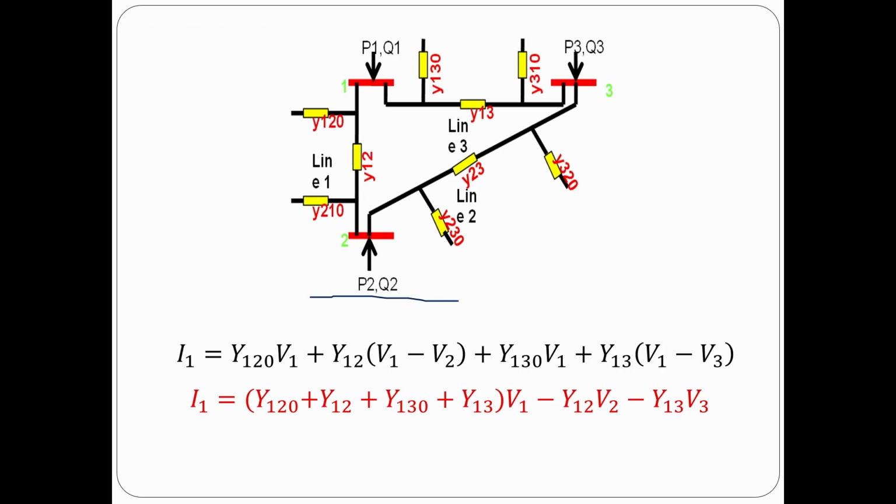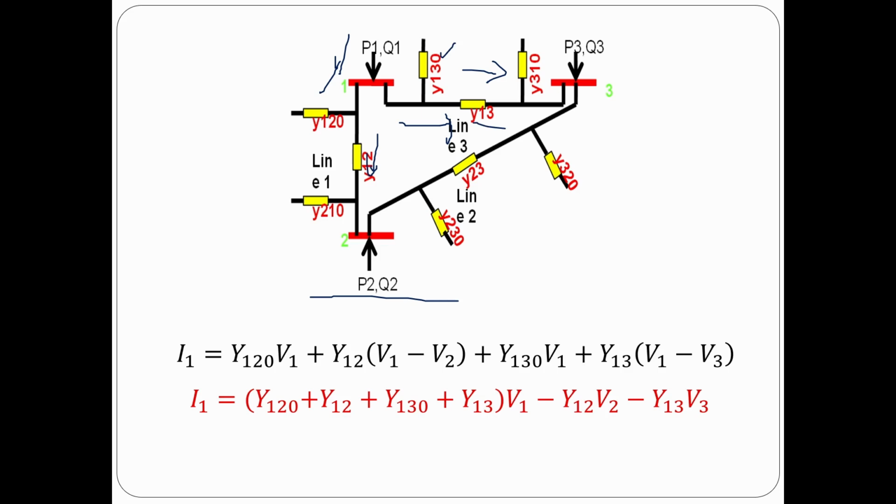By using Kirchhoff's current law at bus number 1, the current entering the bus is equal to the current leaving the bus, which is flowing to bus number 2 and bus number 3 through the transmission lines with shunt admittance and series admittance.